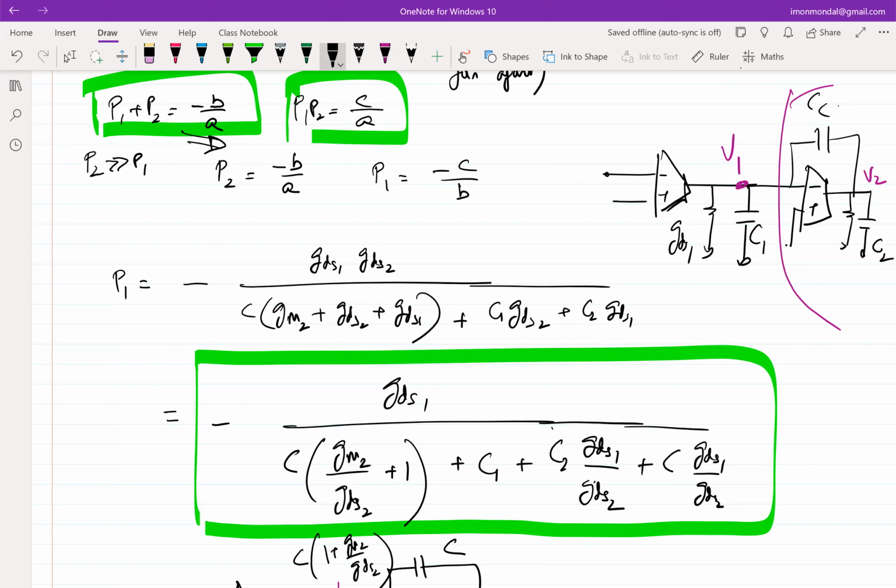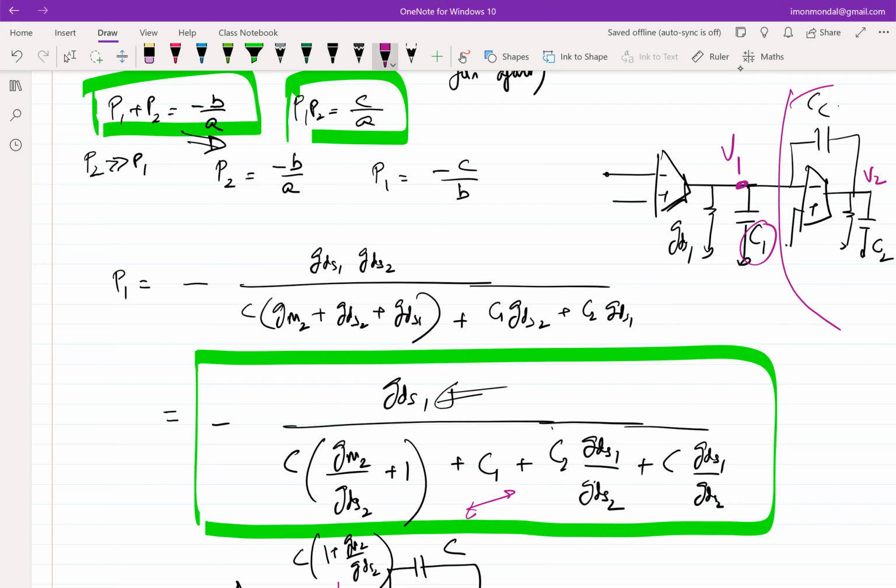So time constant is of the form of some conductance divided by some capacitance. What is the immediate conductance that you see associated with V1? GDS1 goes in the numerator. What is the immediate capacitance associated with GDS1? C1 comes here.